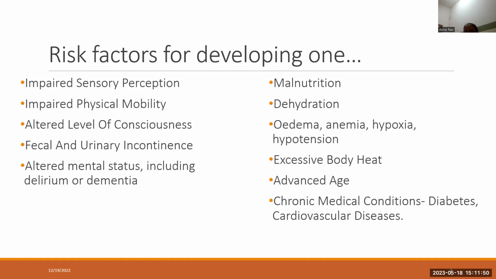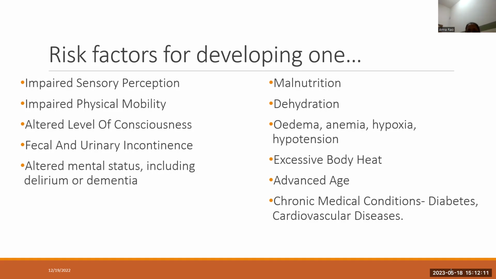And of course, all the secondary conditions like diabetes, cardiovascular diseases, where the tissues and blood vessels are a problem, and because of that there are high possibilities of developing bed sore. Right?